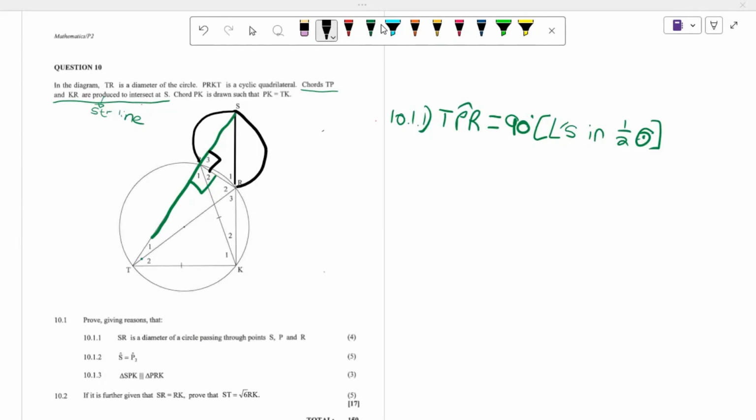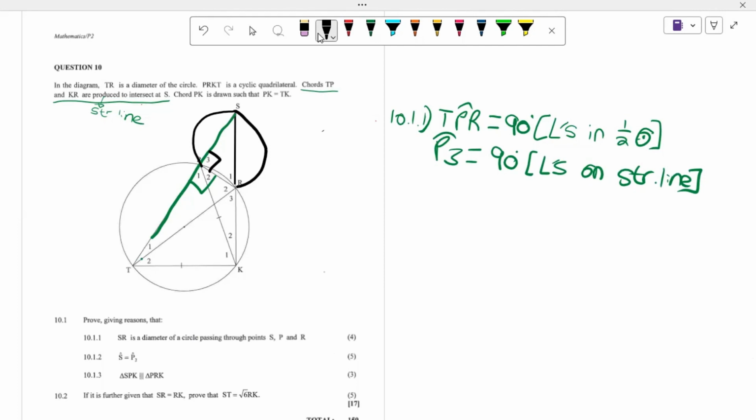So now I'm going to say, okay, TPR is 90 degrees, I have that from angles in a semicircle. But I also know that the angle at P on the straight line is equal to 90 degrees, because of angles on a straight line. So I already proved this angle is 90 degrees.